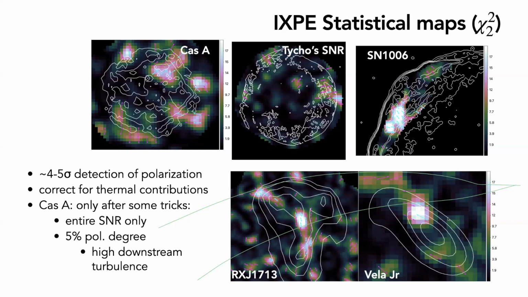And indeed, if you have developed Bell instability, it creates, apart from the strong magnetic field fluctuation which Jacco discussed, also strong density fluctuation of short scale.